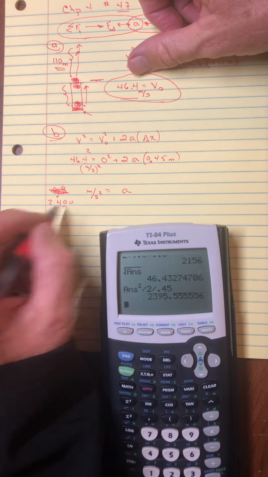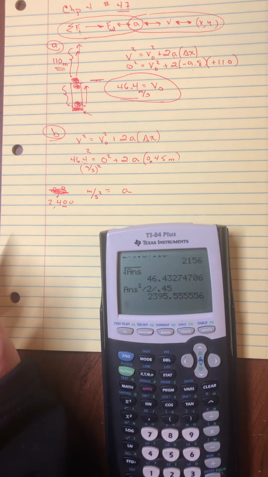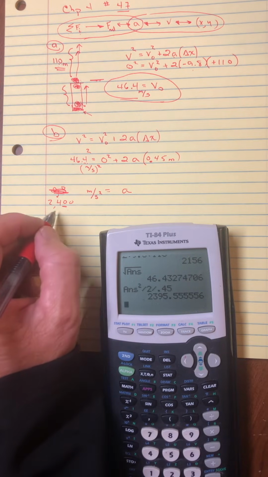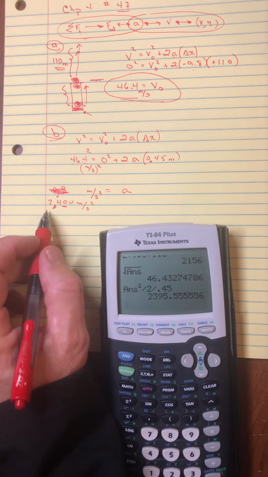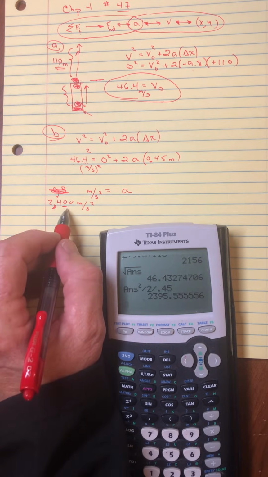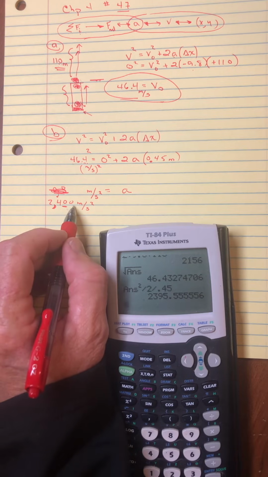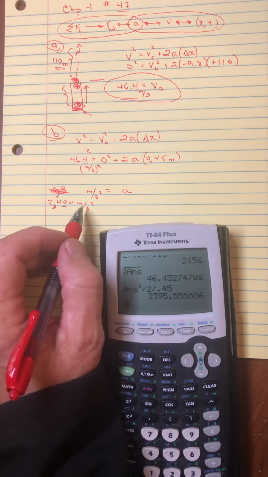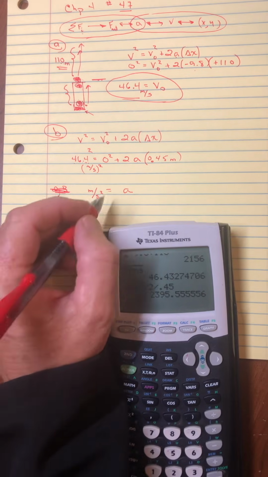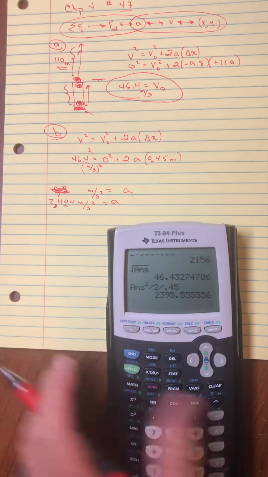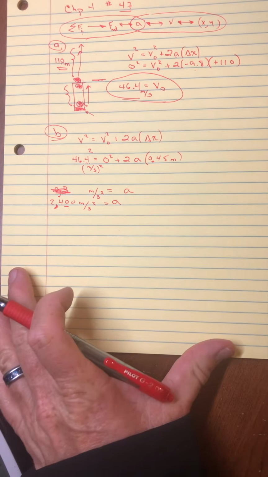And maybe I'll put a line under here for 3 significant figures. How many do they have? 1, 2, 3. Yeah, I think they want 3. So the acceleration is 2,400. I'll put a line under, meaning this 0 is significant, this one is not. 3 significant figures, so 2,400 meters per second squared is the acceleration in the mortar.